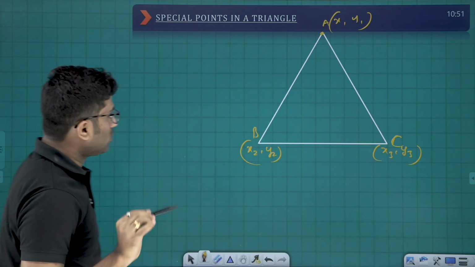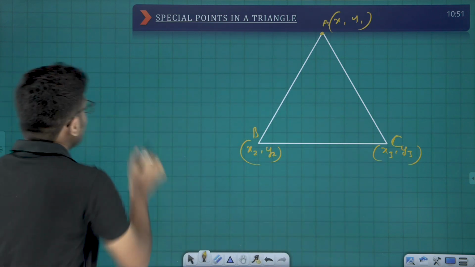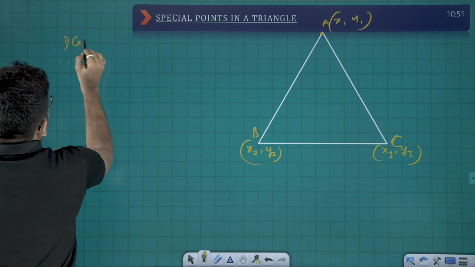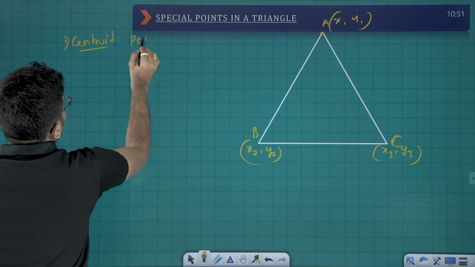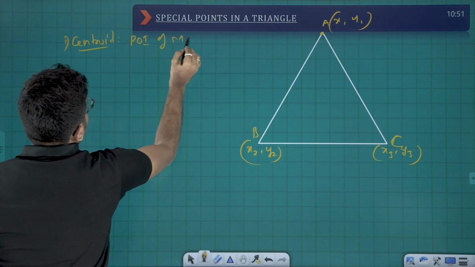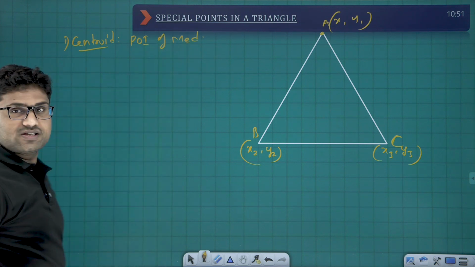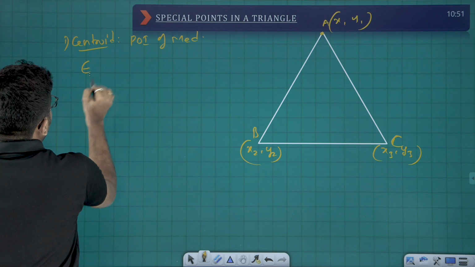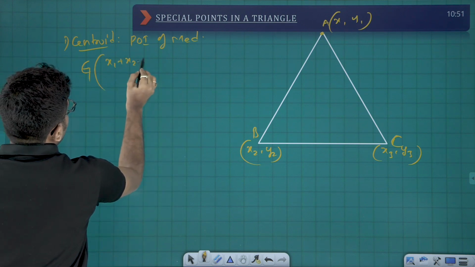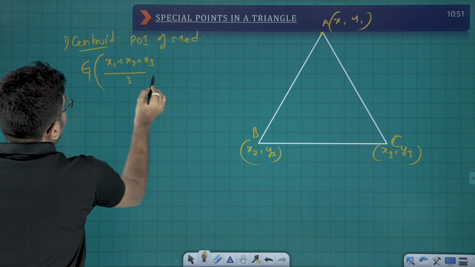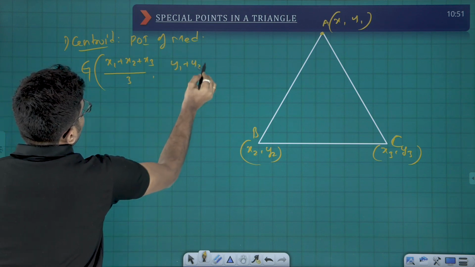Now number one, centroid. What is centroid? Centroid is the point of intersection of medians, and the coordinates of centroid, if vertices are known, are (x1 plus x2 plus x3)/3 comma (y1 plus y2 plus y3)/3.